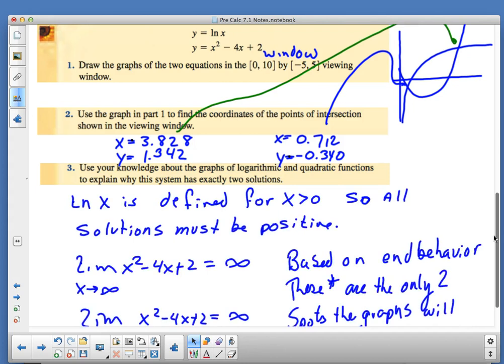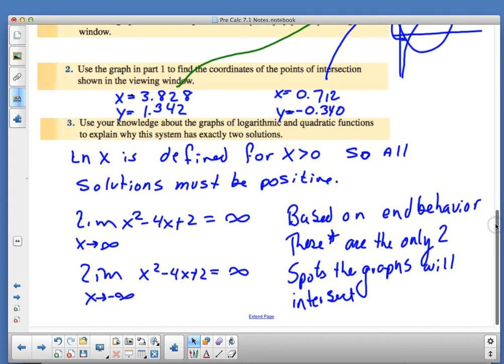The natural log of x is defined for x greater than 0, from 0 to infinity. I shouldn't say all solutions; all domain values are positive. So from 0 to infinity, that's what I'm worried about.